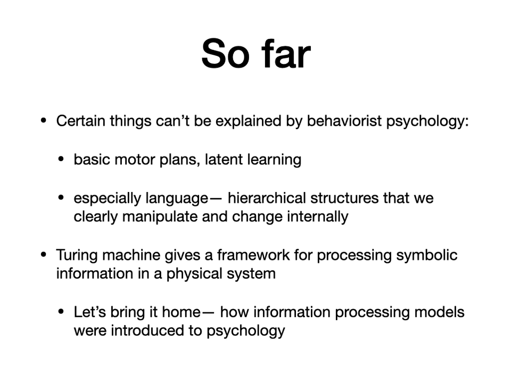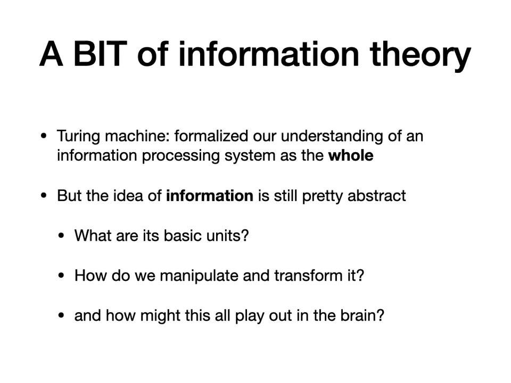To start, let's get into a little bit of information theory, a bit, if you will pardon the pun. So the Turing machine brings up this concept of, we've put together an understanding of information processing as a whole system, right? But information is pretty broad. You might think of a library, all the text available, the internet, like your phone number, right?